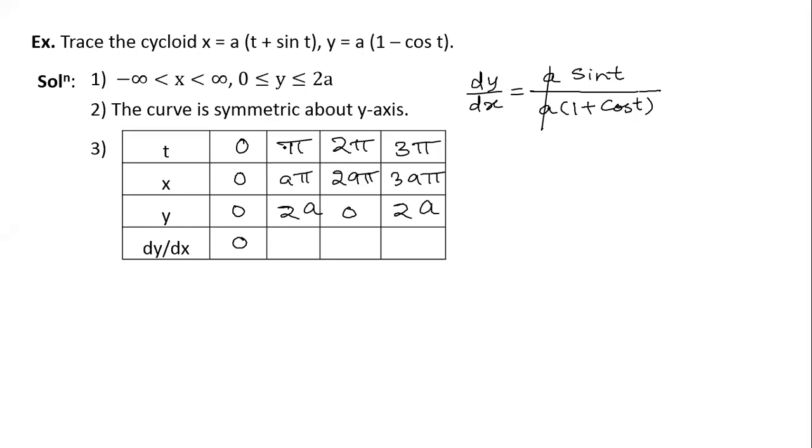Then accordingly for t equal to pi, sin pi is 0 upon 1 plus cos pi, 0 upon 0. So you will have to use L'Hospital's rule, and after that put t equal to pi, cos pi is minus 1 upon, so it will be infinity.